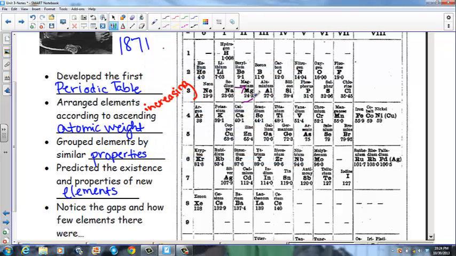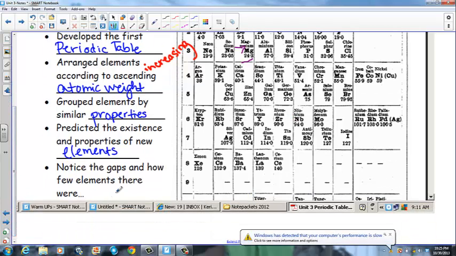So there's a gap between 24 and 27. He was trying to indicate that there should be something in between there. There were not a lot of elements at the time, so we have to notice how few elements there were and that there were gaps. So obviously there were errors in his periodic table.